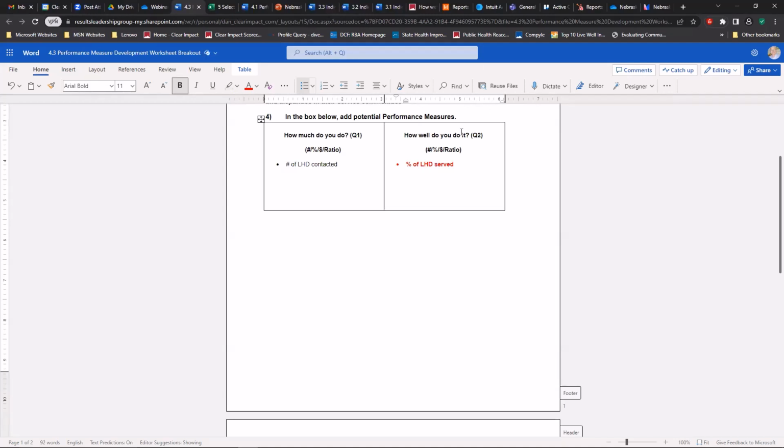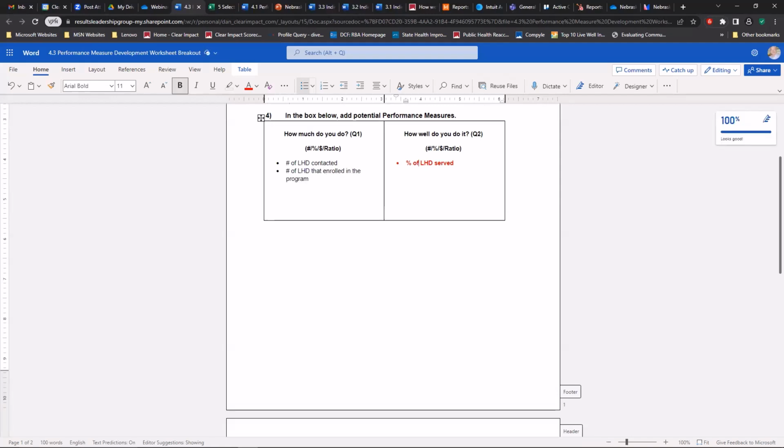Or you could do the percent of local health departments served, but you have the number contacted, because you have to contact X number, and then see how many of those contacted agreed to do it. And here you could also track the number of local health departments that enrolled in the program, something like that. And then, okay, you've got the number of health departments served. Yeah, we've got that. And then the number of ethnic and minority population served, that would be by each department.